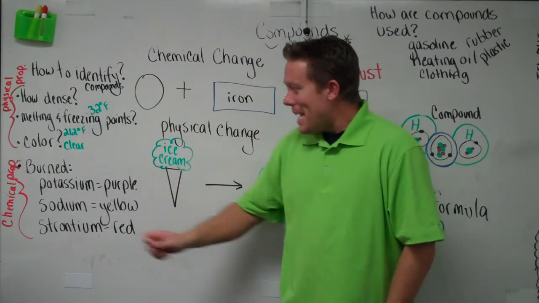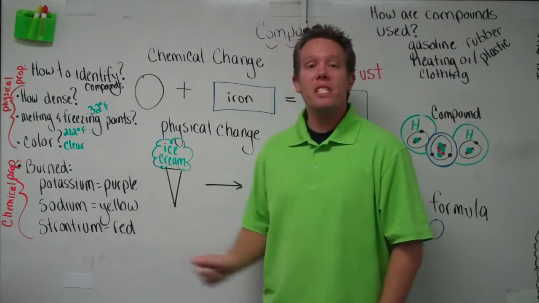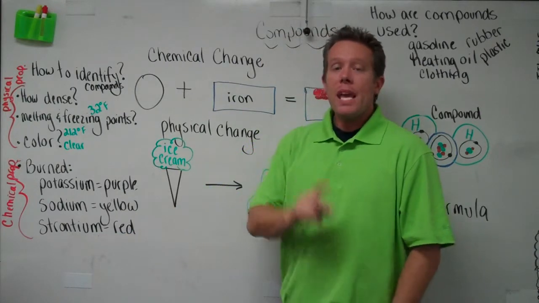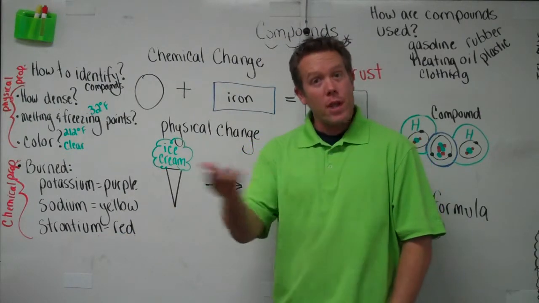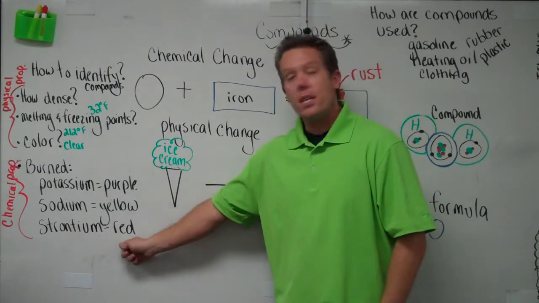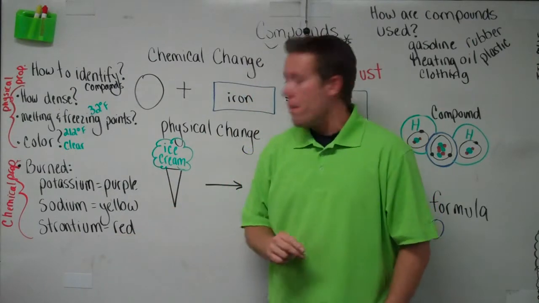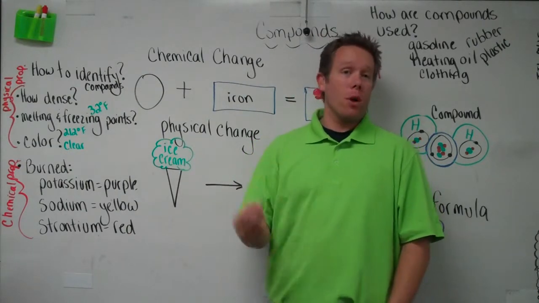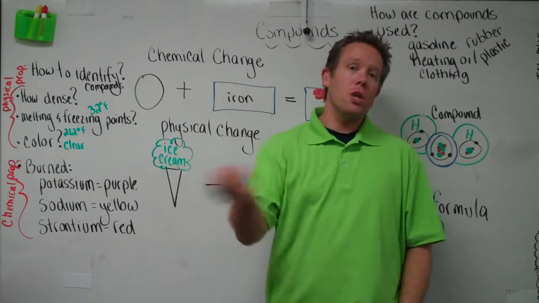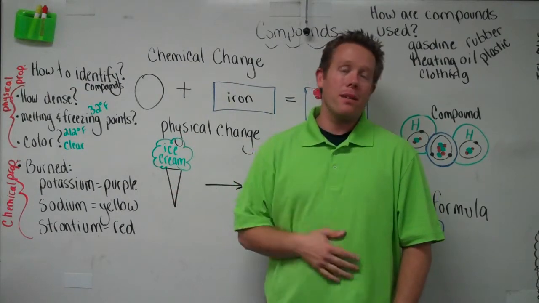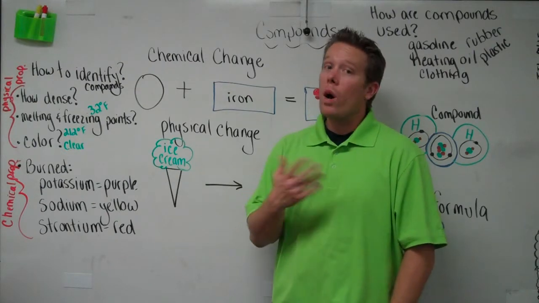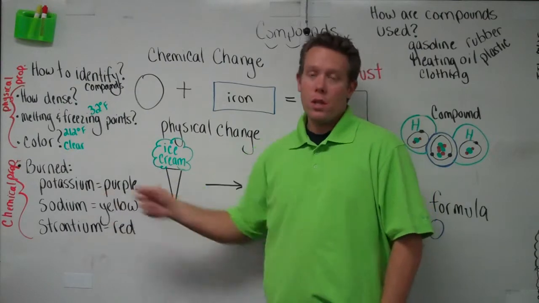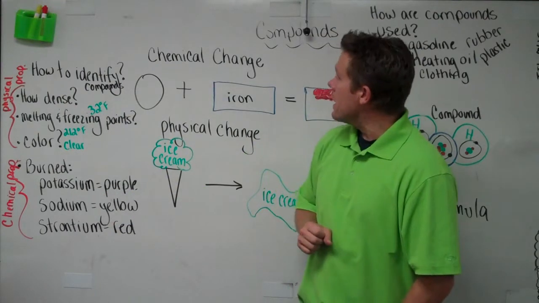If you burn the compound and it turns yellow, you know that the compound is sodium. If you burn the compound, thus putting it through a chemical change, and it changes red, you know that the compound is strontium. Okay? So once again, you cannot know the chemical properties of the compound unless you put it through some kind of chemical change. One of the ways to do that is by burning it. And if it changes any one of these colors, you can determine what kind of compound it is.